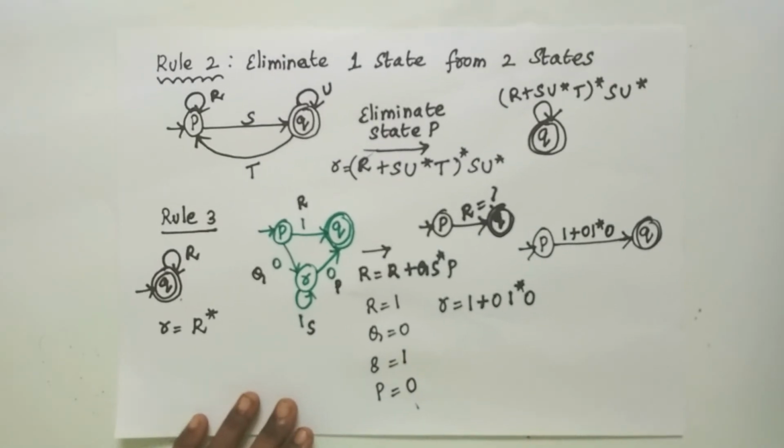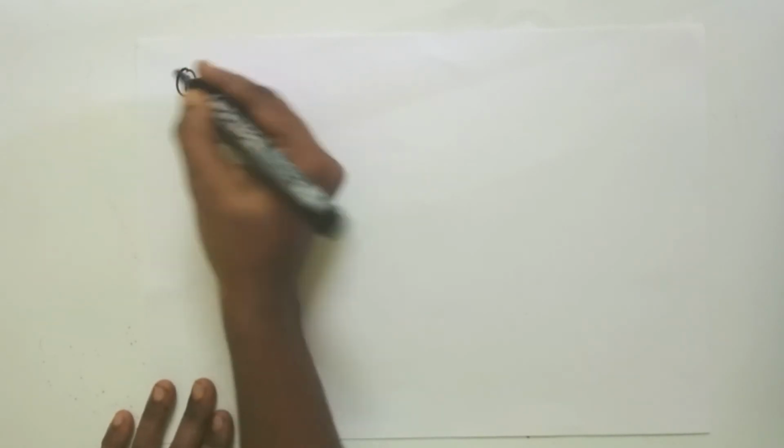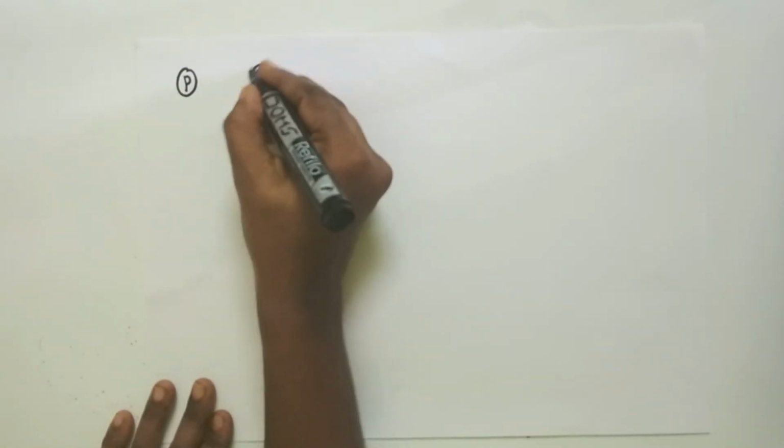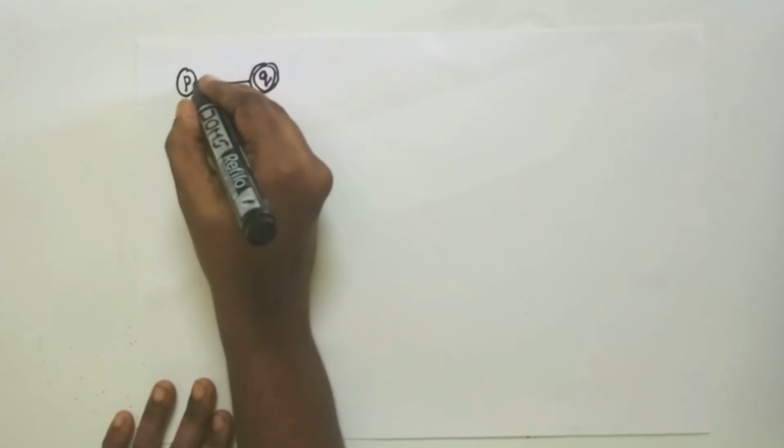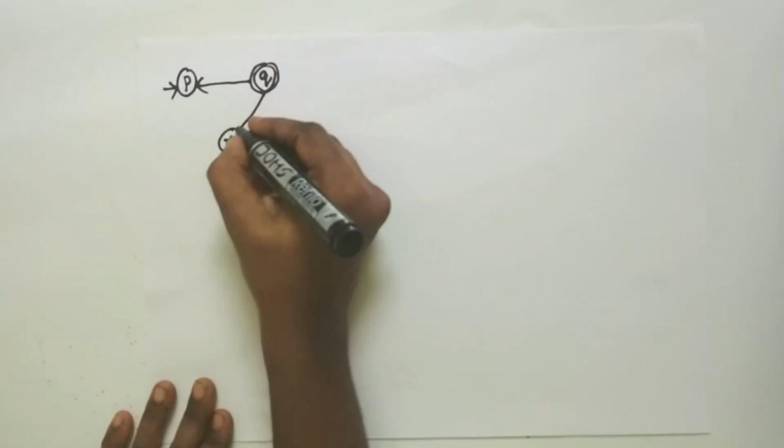Now let us see another example where you are going to eliminate a single state by applying rule number 1. So here I am going to consider the path from Q to P, where Q is the final state, P is the initial state and R is the state which we are going to remove.